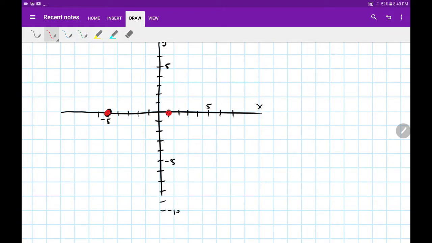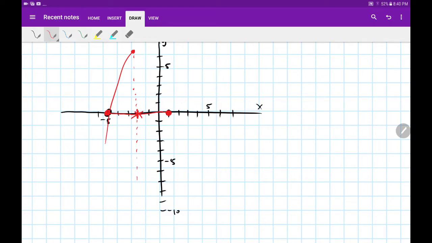We had one at negative 5 and one at positive 1. Remember, parabolas are always symmetrical, so that means that my vertex is going to be exactly halfway between negative 5 and positive 1. It looks like our vertex is going to be somewhere along this line.